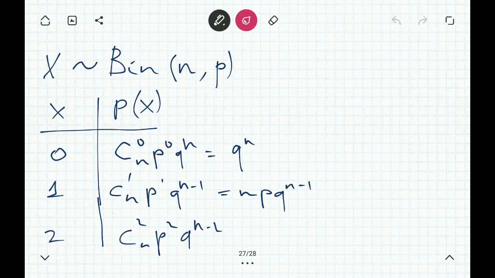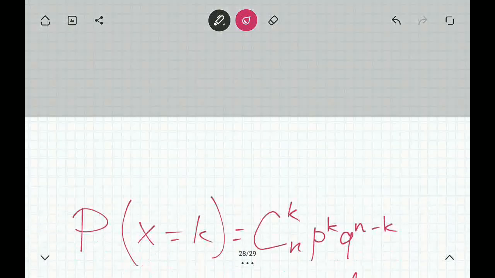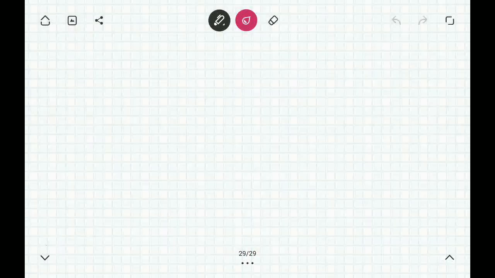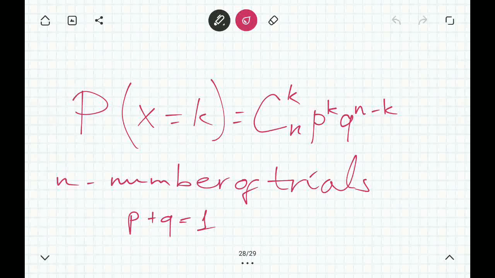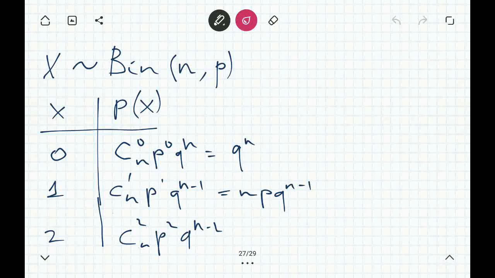So if you want to, for example, look at the binomial distribution of experiments with 4 trials, you will just substitute 4 for n, and you will calculate your probabilities for each k. Let me just show you an example.